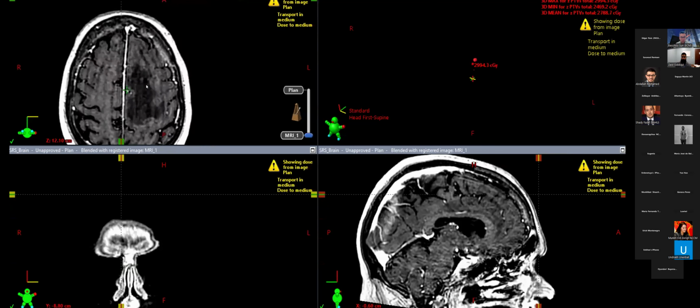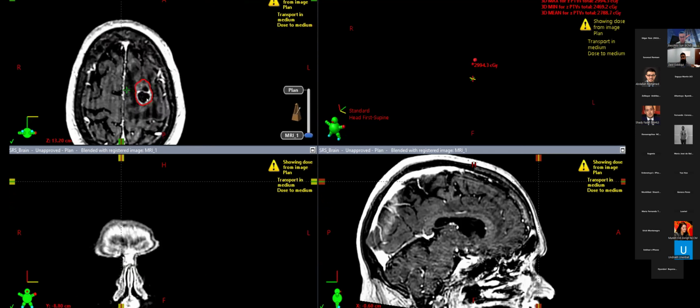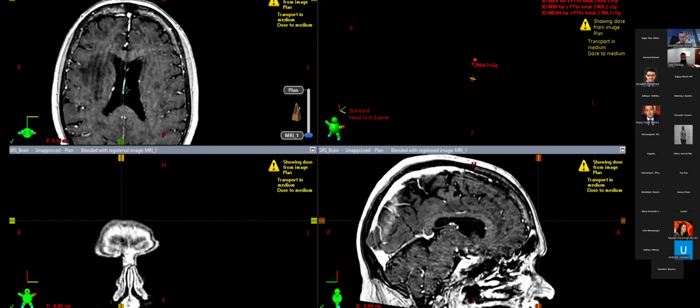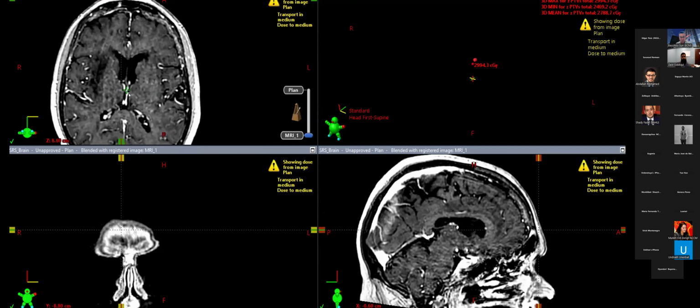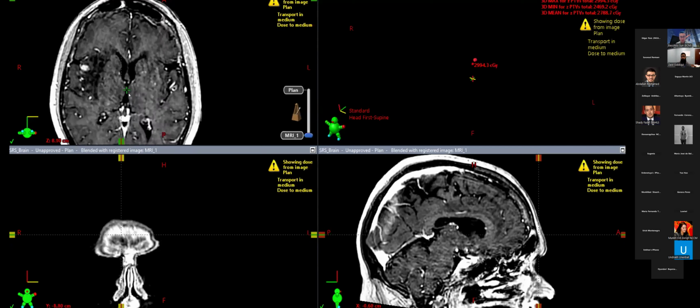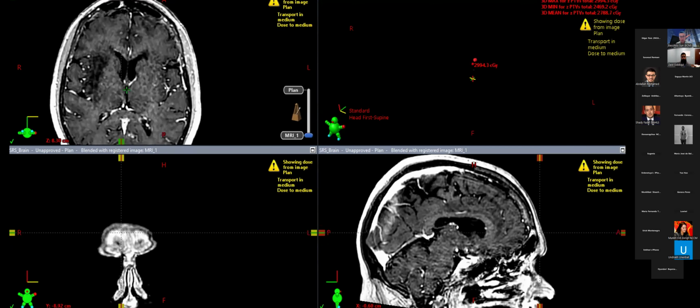So again, I'll repeat that. Because you can treat many metastases with a single isocenter with a single plan, instead of having a separate plan for this lesion, I have one plan with 1 or 2 isocenters that treats all these 5 metastases at once. Okay, and all of them will be getting 9 gray times 3, with the exception of this pons lesion right here.